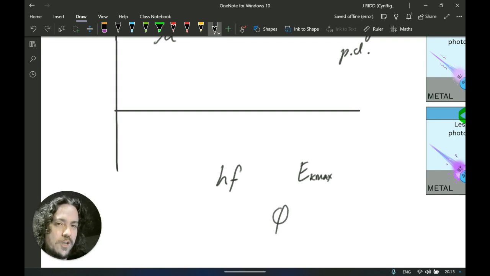The work function is the amount of energy that needs to be overcome in order to leave the surface. You can think of psi as a bit like the height of the hill. Kinetic energy is how much energy the ball has at the end. hf is how much energy the ball was given to begin with.